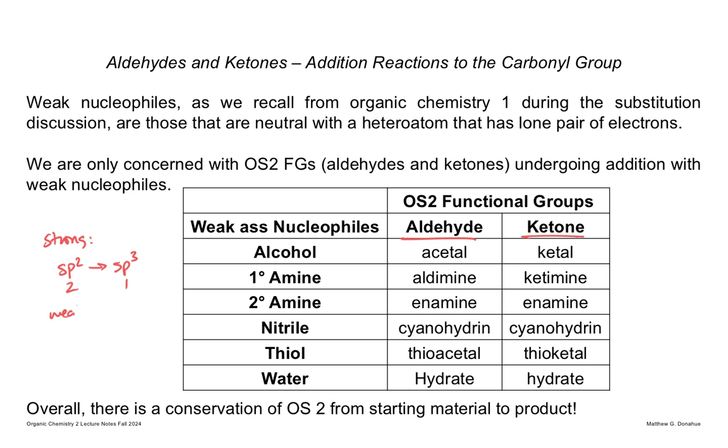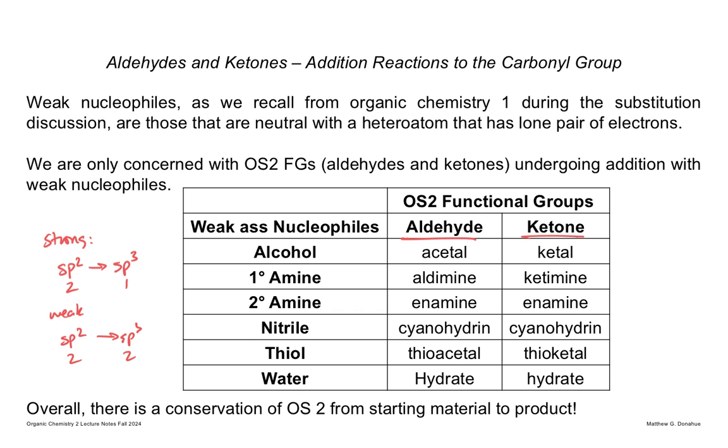But now for weak, sp2 is going to sp3, but the oxidation state is staying the same, which means that for the sp3 hybridized carbon, you're now getting 2 sigma bonds to a heteroatom. You no longer have the pi bond.